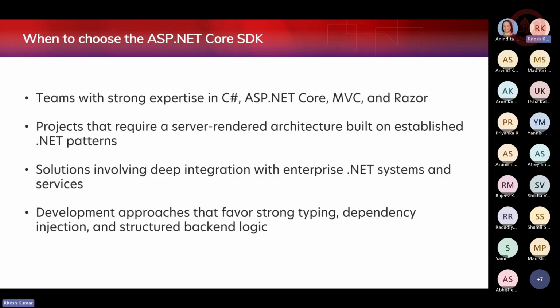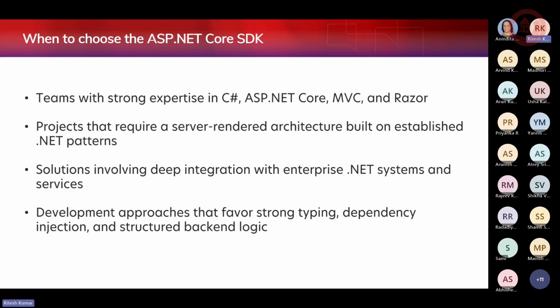The first question is, there are a lot of options available. What is the trigger when you really want to choose the ASP.NET Core SDK for your implementation? In bigger organizations, they have dependencies or a bigger presence around .NET and the Microsoft stack.